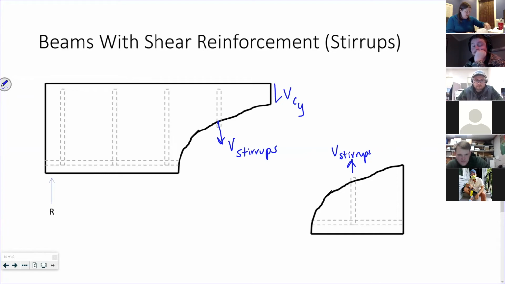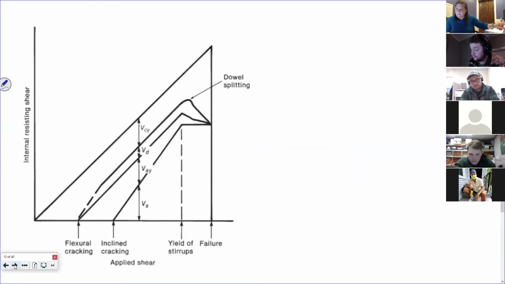But just showing you the stirrups, or what helps take up that shear. Now we don't have to rely on the aggregate or the dowel action. All right, VS is the strength of our steel, our stirrups.